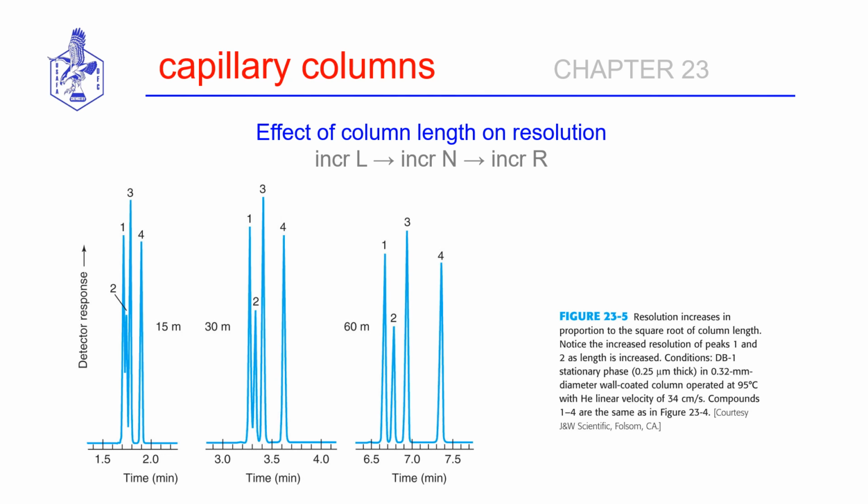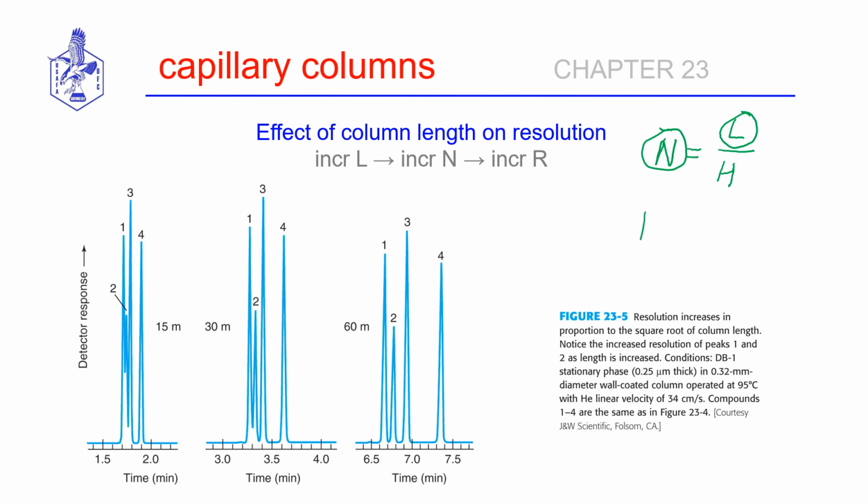If you'll remember our discussion of the number of theoretical plates for a separation, the number of theoretical plates is equal to the length of the column over the plate height, if you will recall. And so if we increase the length of the column, we should increase the number of theoretical plates.